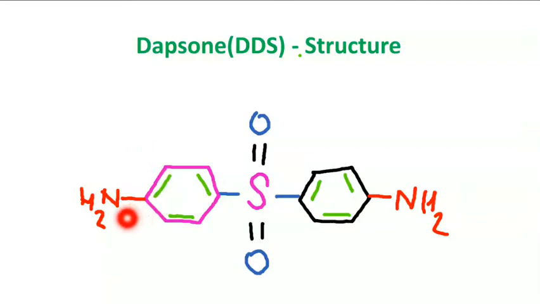If you number the positions, you can get the position of the amino group in dapsone. Dapsone is also known as DDS. We will see DDS later on.